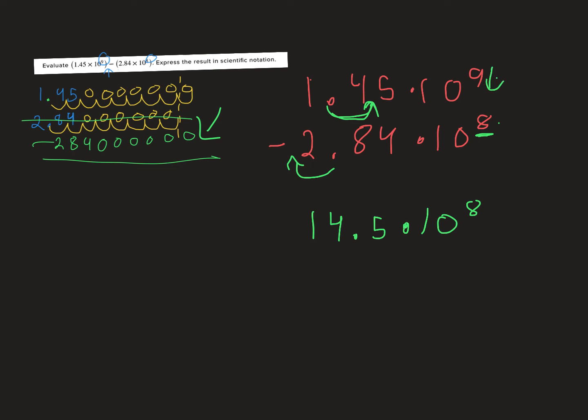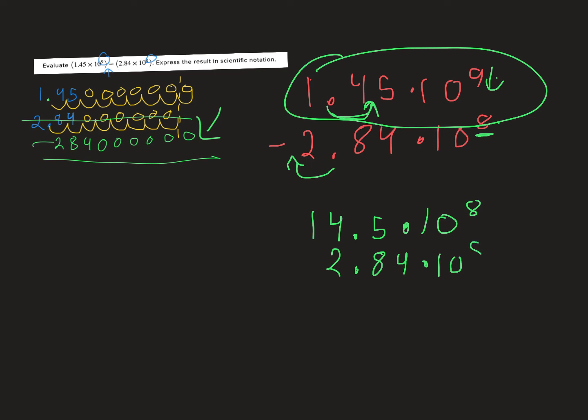I took 1 place value out in order to make my number line up. Since I did that to my first scientific notation, I don't have to touch my second one. So now I just line up my decimals. 2.84 times 10 to the 8th power.